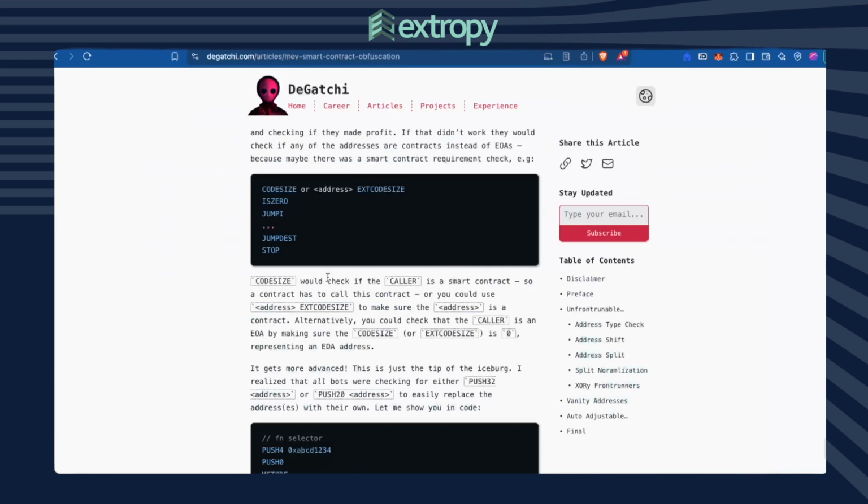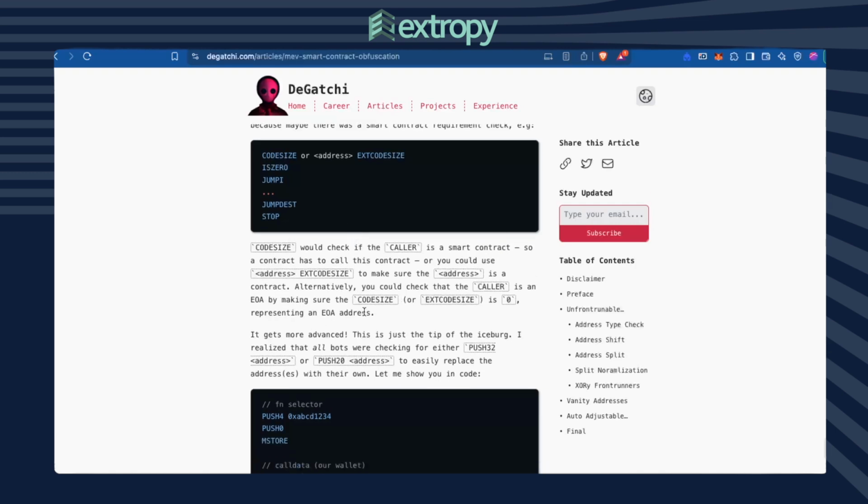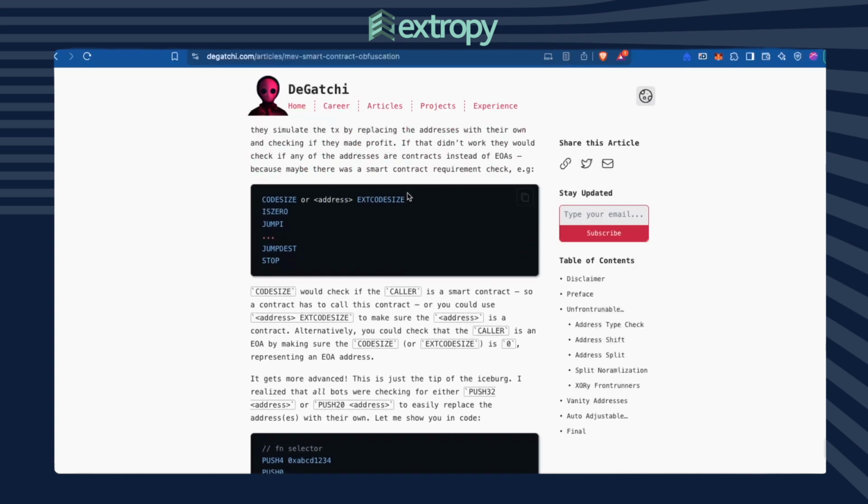And so what he's saying here is that this could be used to check whether the address is a contract or not, because then the bytecode will be greater than 0. That's not a foolproof technique, but that can work. So that's something that they might be doing. They may be trying that out to see whether something is a contract or not.